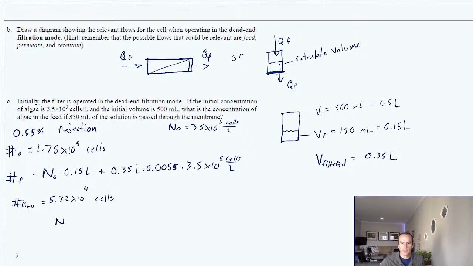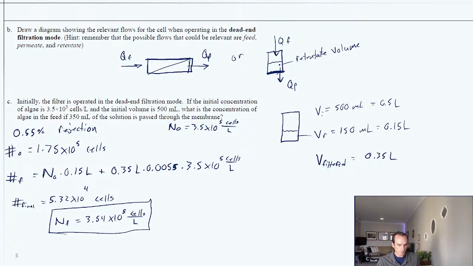And then we can divide that by the 150 milliliters remaining and get a value of 3.54 times 10 to the 5th cells per liter. What we'll notice is there's a small increase in the number of cells that we have there. So we used to have 3.5, now we have 3.54 times 10 to the 5th. All right.